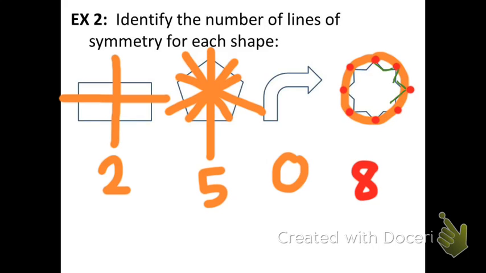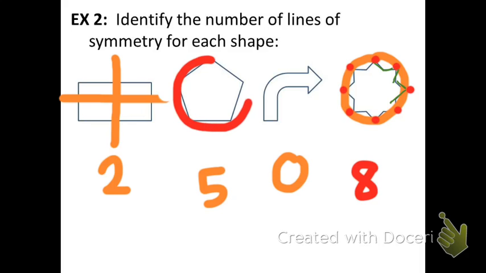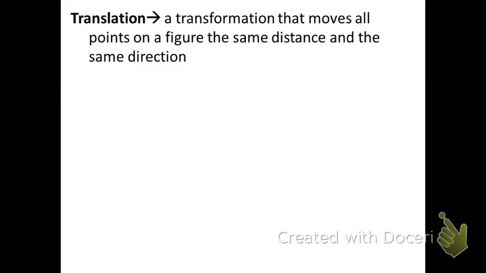We could have done the same thing with our regular pentagon here. If we drew a circle around it, we would see that the pentagon would touch our circle 5 times. Okay, it does not work with the rectangle because the rectangle doesn't have equal lengths.